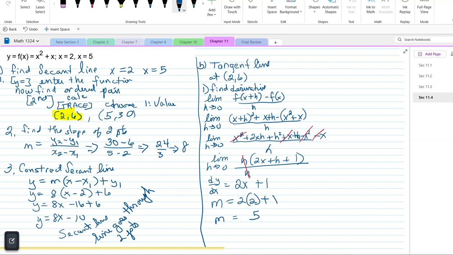So now what we're going to do is do the equation of the tangent. We have m equals 5, if I did the math right, and we have the point 2, 6.